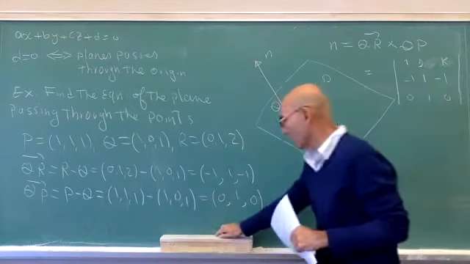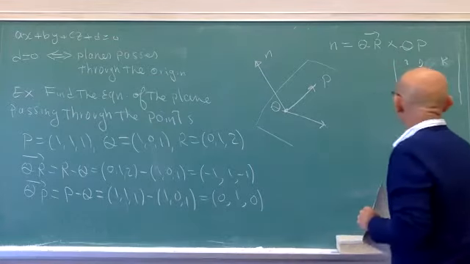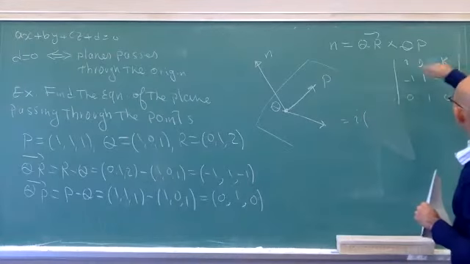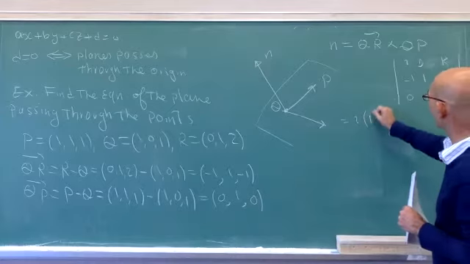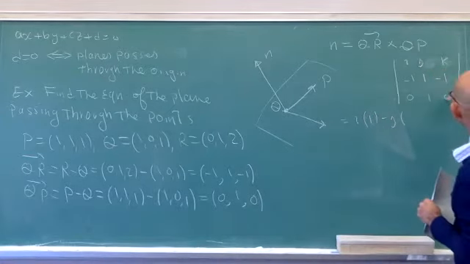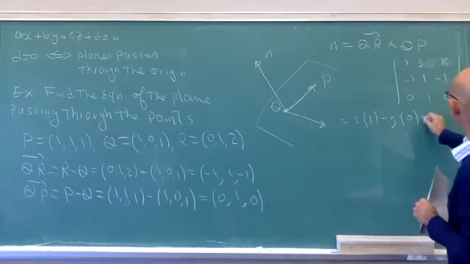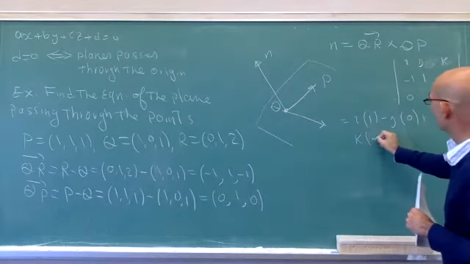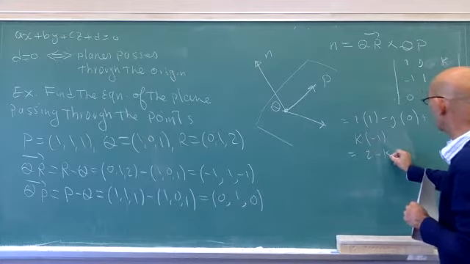I have to be careful with these multiplications. That's equal to i times, this one is 0, negative negative 1 becomes 1. Negative j times this one is 0, and this is also 0, so this is 0, plus k times negative 1. So we have i minus k. That's this vector n.